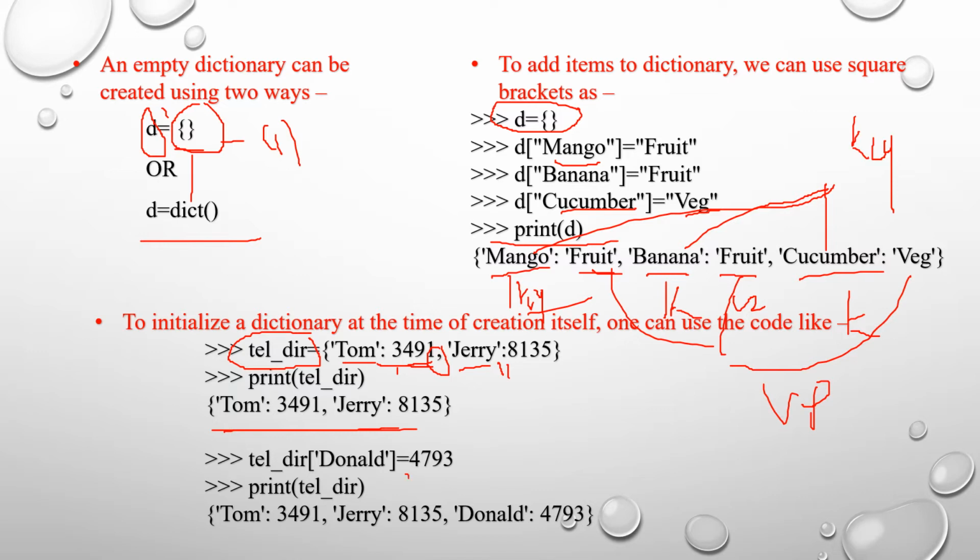If you print tel underscore dir, the Python interpreter will print Tom 3491, Jerry 8135 and the added element Donald 4793. Here Tom, Jerry and Donald are the keys, and 3491, 8135 and 4793 are the values. Keys and values are separated by a colon, and each set of items is separated by commas.